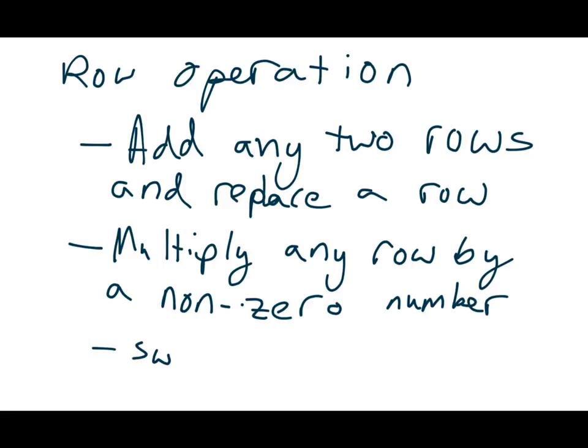And we can switch any two rows. Just basically swap places with them. So that's all the things we can do with a matrix. So with those three things, we can solve a matrix. So let's do an example.